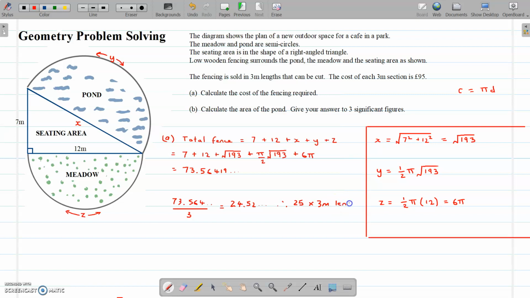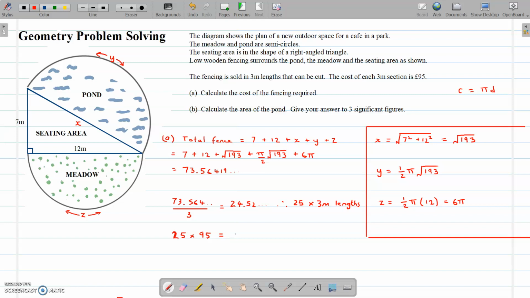So I've even shown how I've come to that conclusion. So 25 lengths needed, and then I need 25 times 95 pounds, because each section costs 95 pounds, you see.